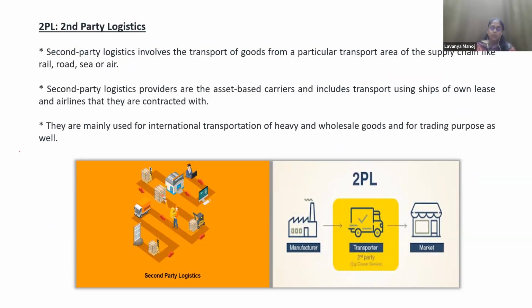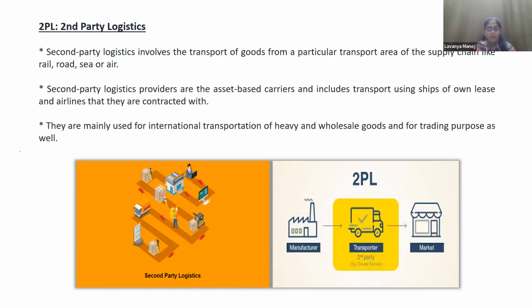So what they do is they outsource the transportation activity to an outside agency, to another transport agency outside the company. In this case, the company which takes care of the transportation process for the company which produces a product, that is the transportation company, is considered the second party logistic provider to this company.